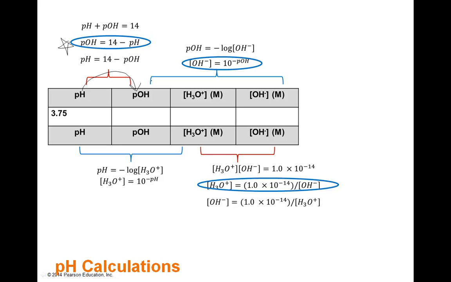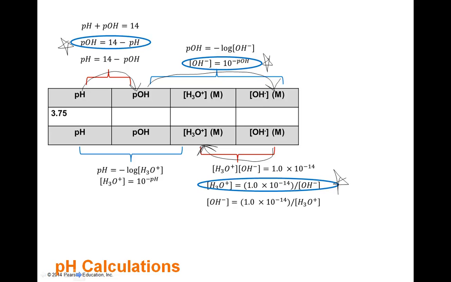Then, after I know my pOH, I can use pOH to figure out OH, our hydroxide ion concentration, using this equation. Then, after I know my hydroxide ion concentration, I can use it to figure out my hydronium ion concentration, using this equation here. Okay, and that's basically what you have to do, is all of these equations are here to help you convert from one species to another.